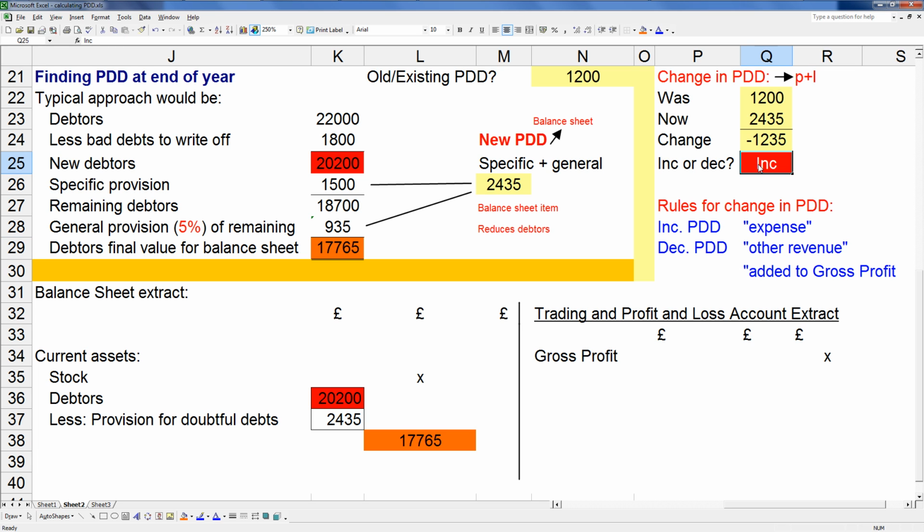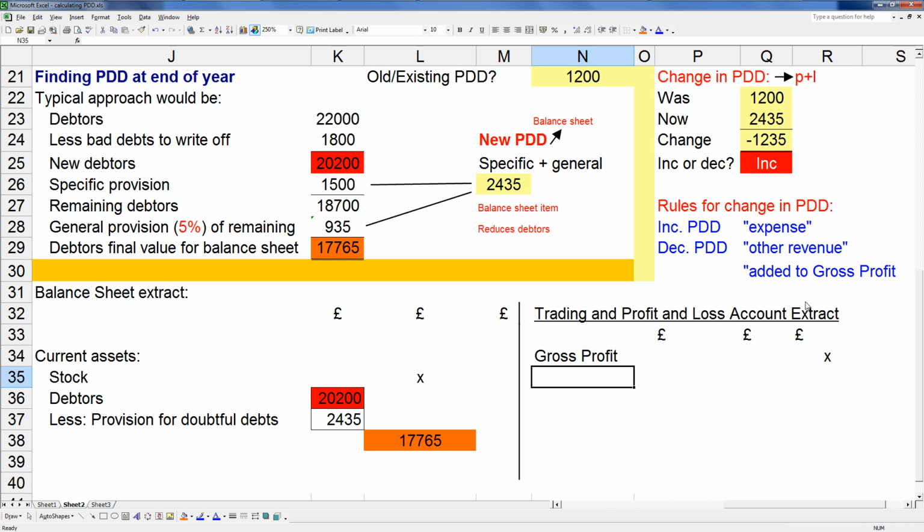What I'm going to do is just change the PDD just to show you a different calculation. A decrease, if you wish.